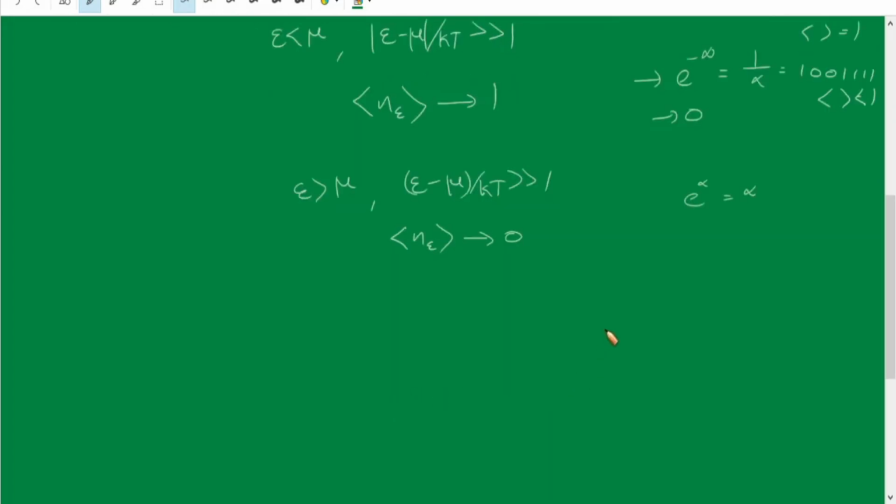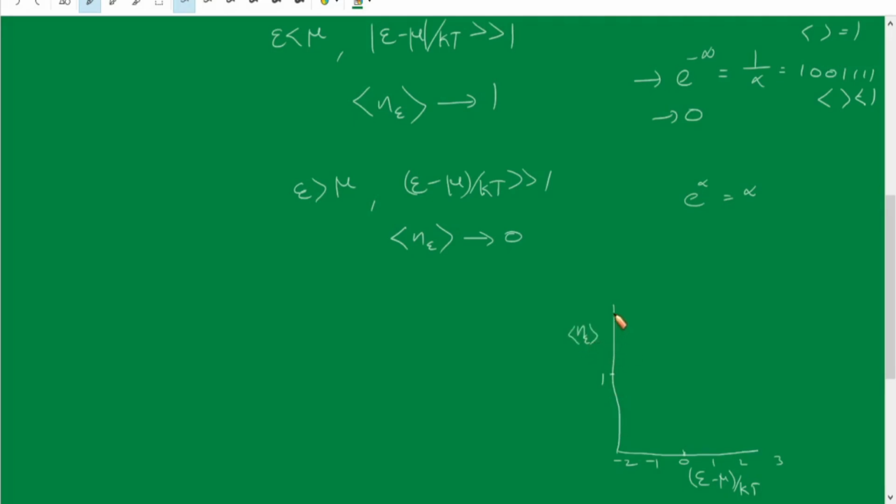So we can plot a graph. On this axis we plot E minus mu divided by kT. Here this value corresponds to 0, then 1, 2, 3, etc., and minus 1, minus 2, etc. And we have a value of 1 here. This is the mean occupation number.